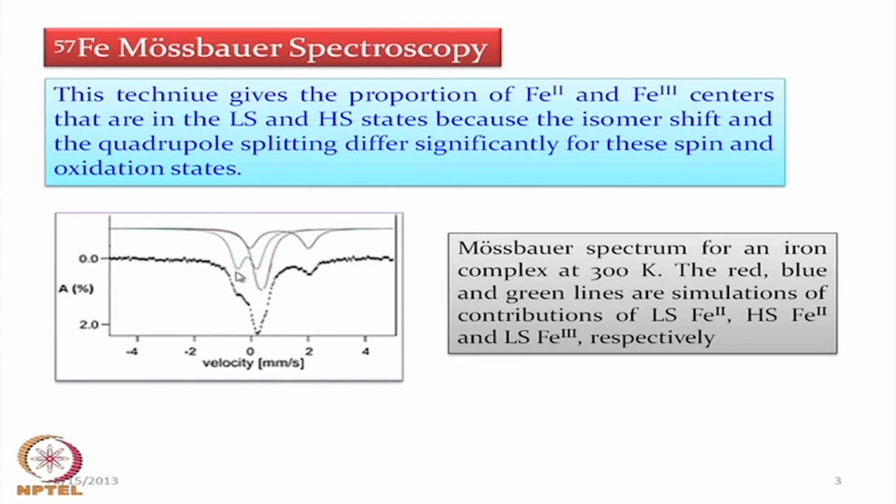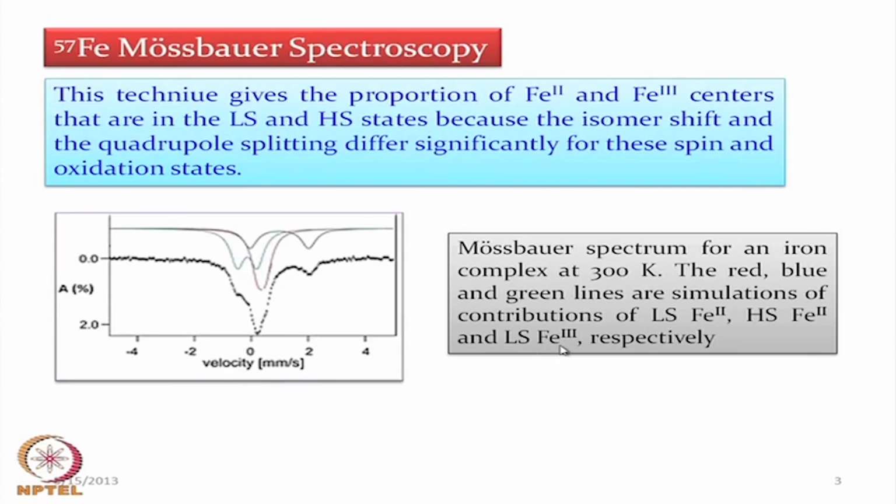One particular component we have, the second one, and the third one also, are the simulation of contributions of 3 species only, not all 4 species present. So, the simulation of the entire spectrum tells us that the spectrum we are getting is basically a mixture of 3 components, giving contributions from low spin iron 2, high spin iron 2 and low spin iron 3.